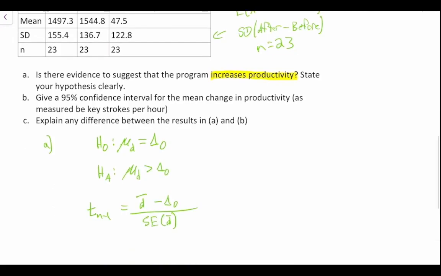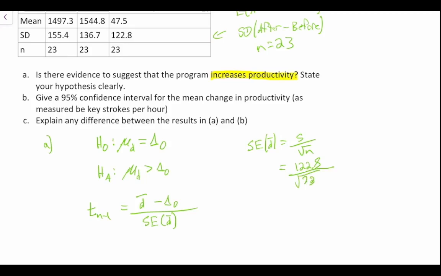So let's go ahead and calculate our standard error. So our SE d bar is equal to the standard deviation divided by root n. So this is equal to 122.8 divided by the square root of 23.